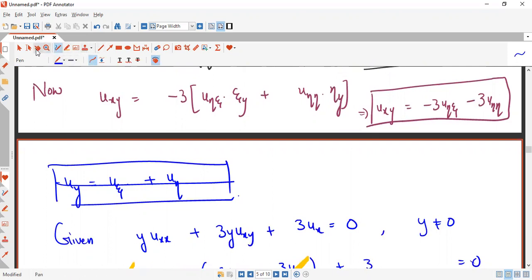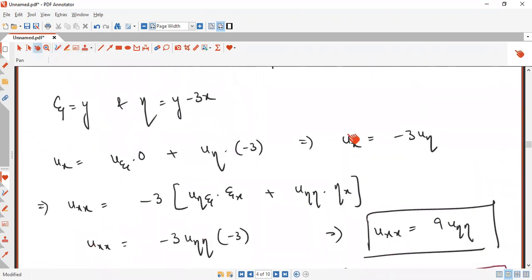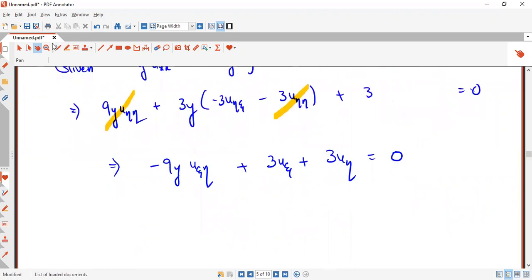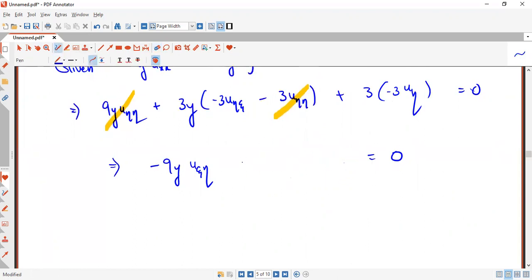So what is UX? It is minus 3 u eta only. So the equation becomes y times u xi eta plus u eta equals to 0.